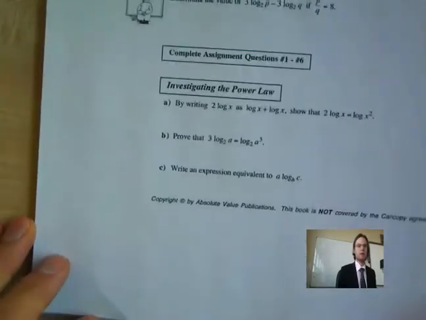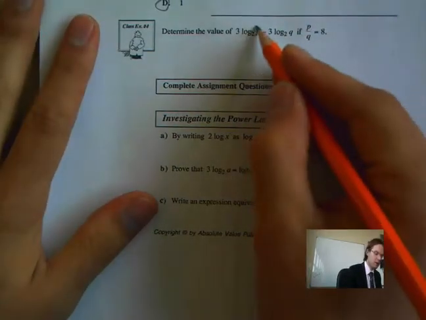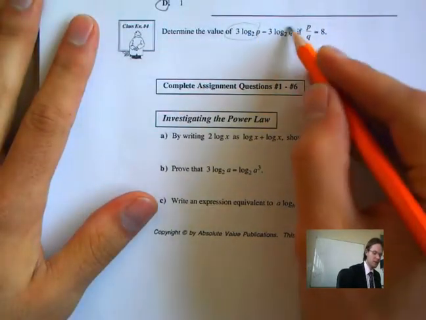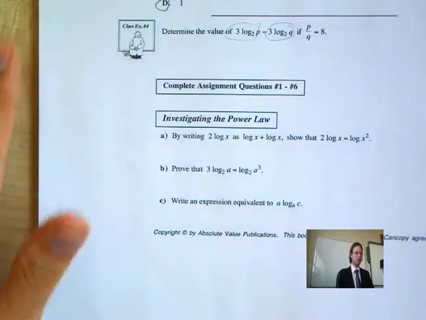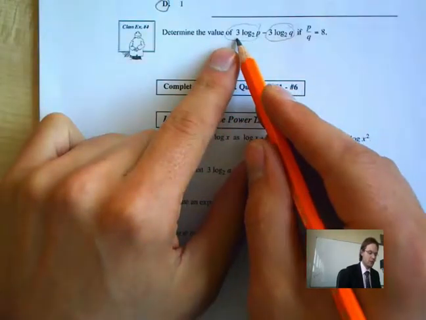Alright? Now we're going to look at number 4. It says, determine the value of log 2p minus 3 log. So we have this log here, and we're subtracting this equation there. Alright? So, first of all, these are the same.